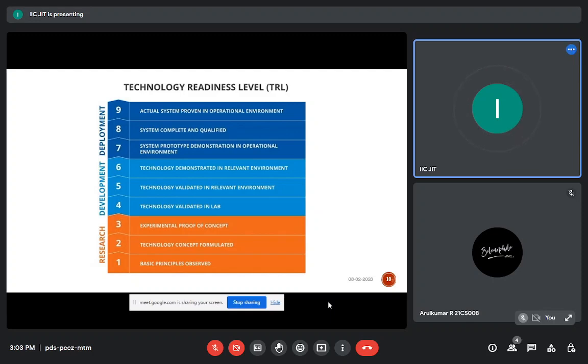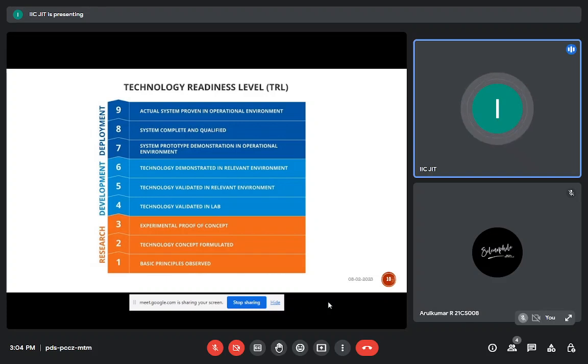Just think like that. It's not a very accurate explanation, but just understand that the first 3 levels have more to do with an idea and a proof of concept. The next 3 levels, 4, 5, 6, have to do with a prototype. And the last 3 levels, 7, 8, 9, have to do with a product.